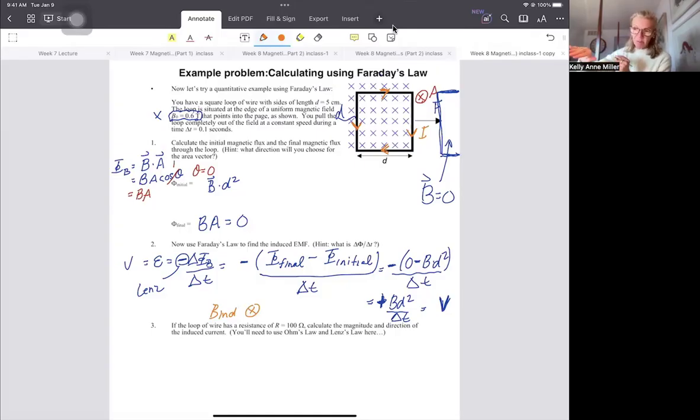That induced B field has to also be pointing into the page to counteract the change. And then last step, I point my thumb into the page, and my fingers represent the current, which is indeed clockwise, which is indicated by this sign. And negative would be counterclockwise.